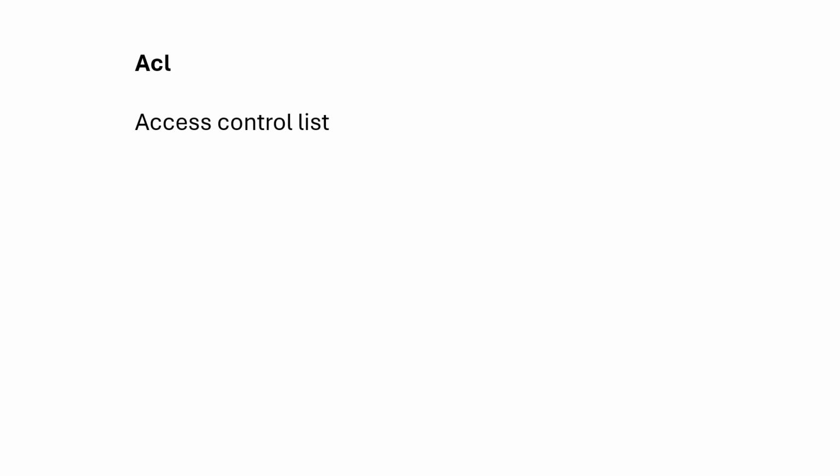Similarly, in networking, we can introduce an ACL on our routers, where we can provide a list in which we can say that data packets of this IP configuration should not enter the network, or packets of this IP configuration should not leave this network. This is ACL, that is, access control list.